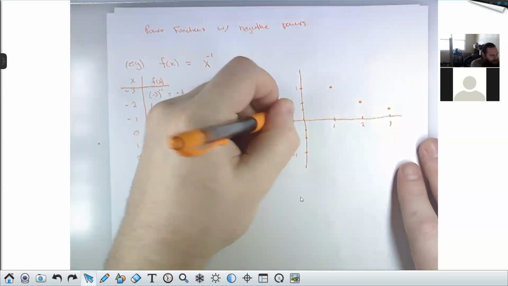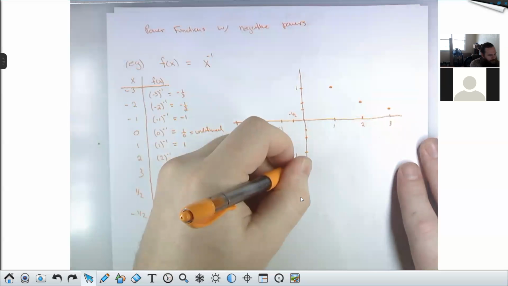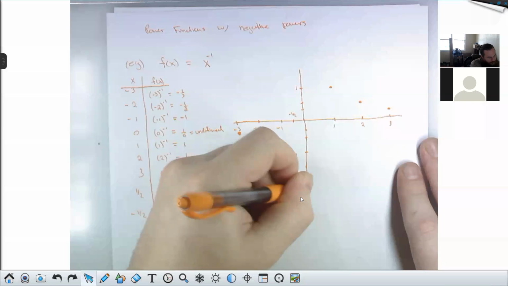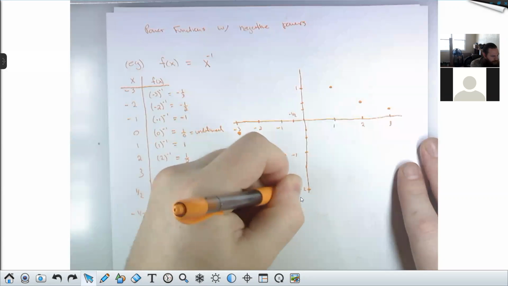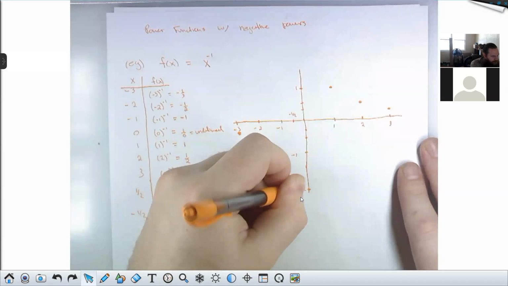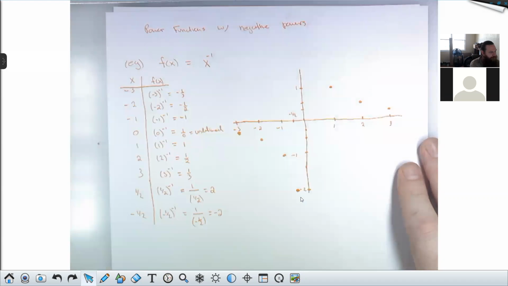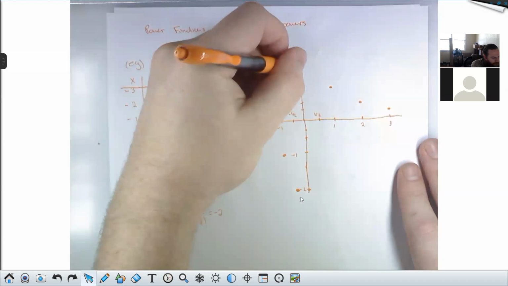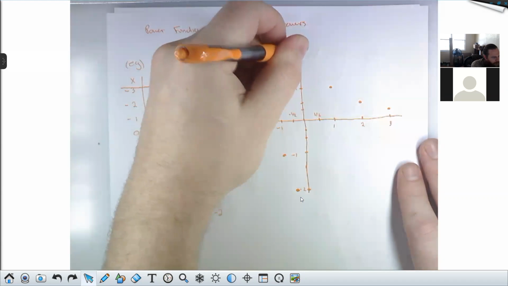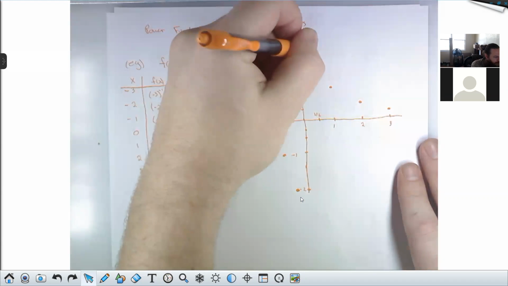So here's negative 1/2. And that output is going to be all the way down here at negative 2. Here's positive 1/2. And this output is going to be all the way up here at positive 2.